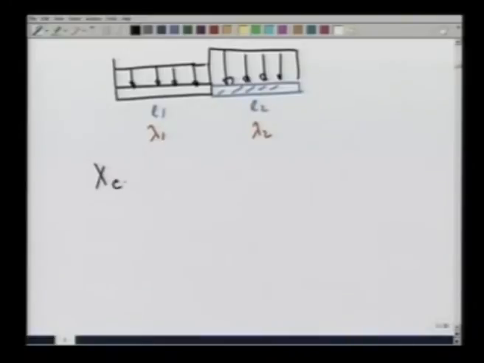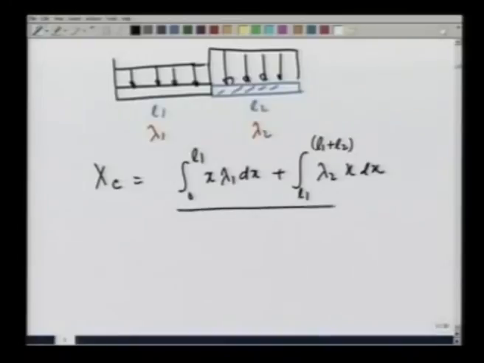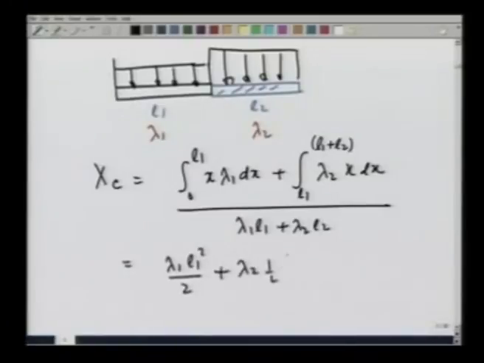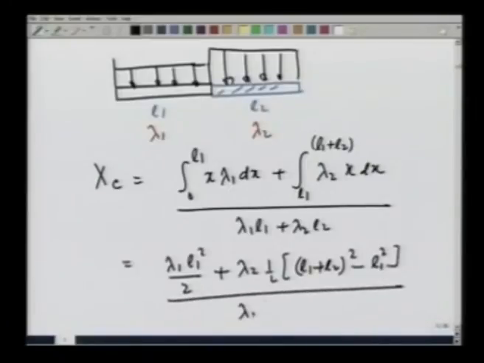The center of gravity is the integral from 0 to L1 of x lambda 1 dx plus the integral from L1 to L1 plus L2 of lambda 2 x dx, g we have already cancelled, over lambda 1 L1 plus lambda 2 L2, and this comes out to be lambda 1 L1 square divided by 2 plus lambda 2 times 1 over 2 of (L1 plus L2) whole square minus L1 square, divided by lambda 1 L1 plus lambda 2 L2.